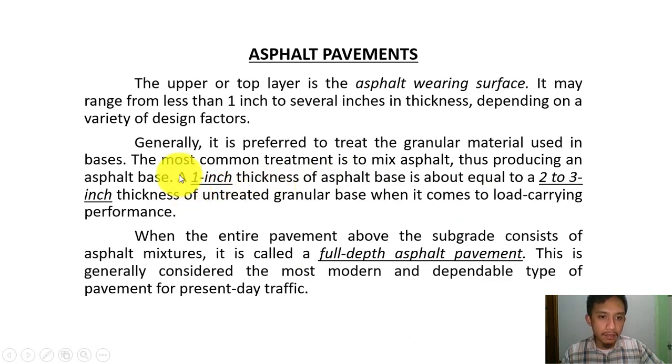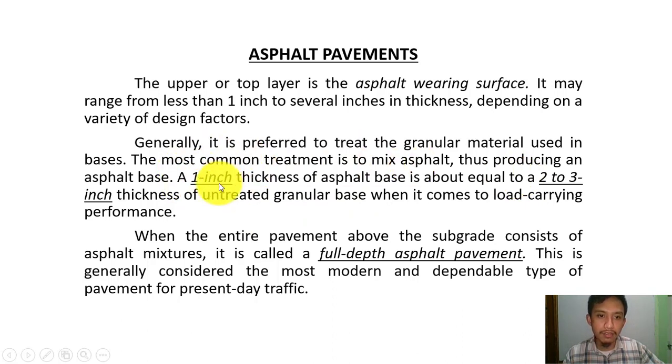Okay, so the most common treatment is to mix asphalt, thus producing an asphalt base. Okay, a 1 inch thickness of asphalt base is about equal to 2 to 3 inches thickness of untreated granular base when it comes to load carrying performance. So your treatment of the base will actually enhance the performance of our base.